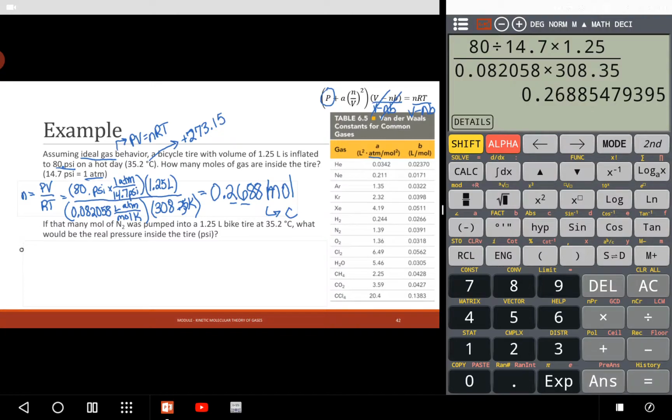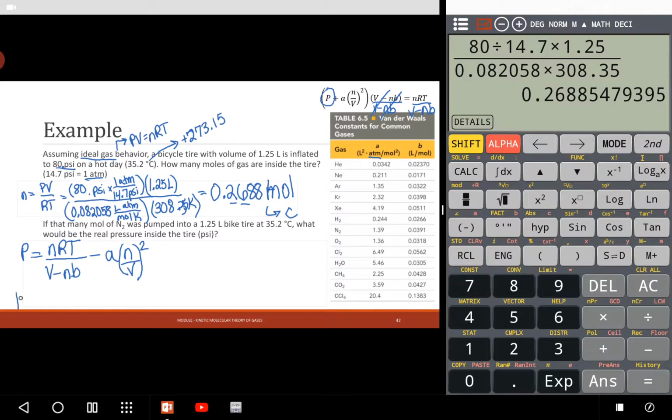That will give me P is equal to nRT over V minus nb, minus a, and then I open up parentheses, n over V squared.